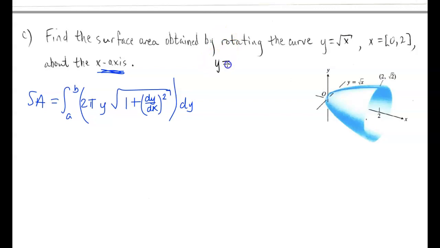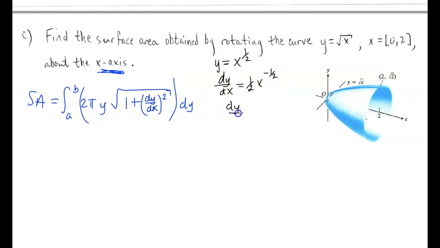So we know that y is equal to x raised to the 1/2 in fractional exponent form. That means that the derivative of y with respect to x is just going to be 1/2 x raised to the negative 1/2.